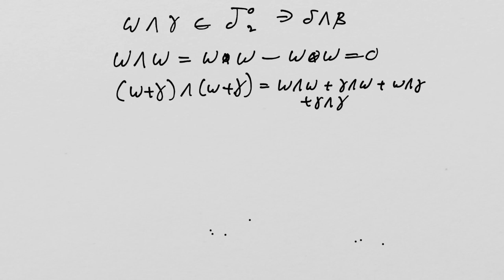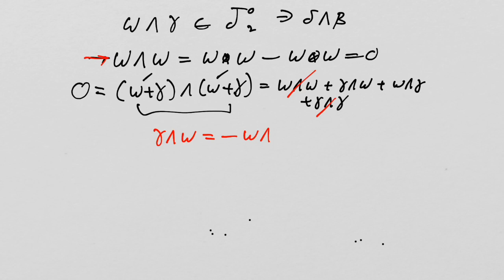So I know this is equal to 0 because that is the same as that, and we already have the rule that this is a one-form and that is a one-form. It's the same one-form, and the same one-form with itself is always 0. So I can put 0 over here. And I also know that that's 0 and that's 0 by the same rule here. So I end up with gamma wedge omega equals minus omega wedge gamma.